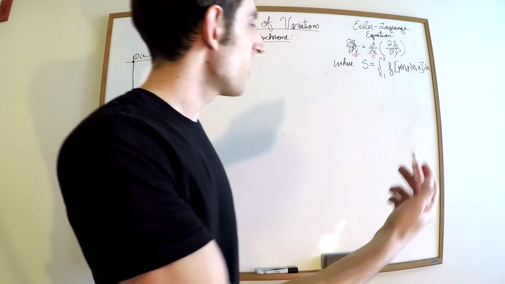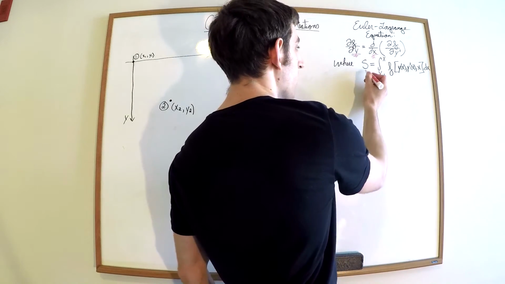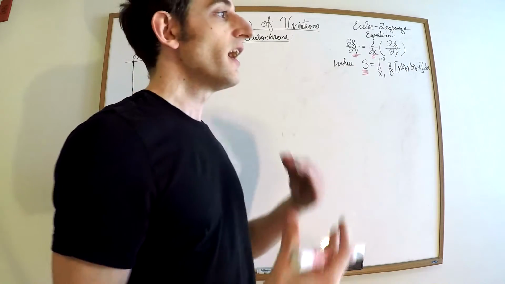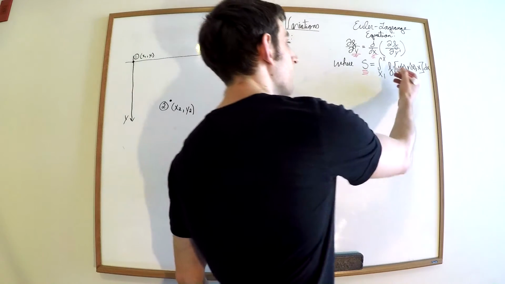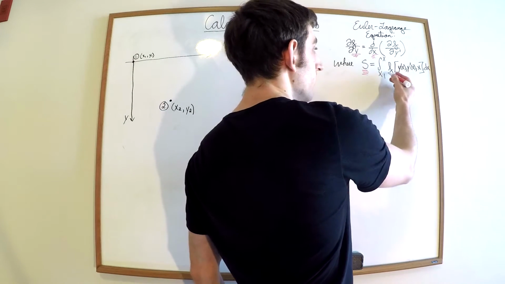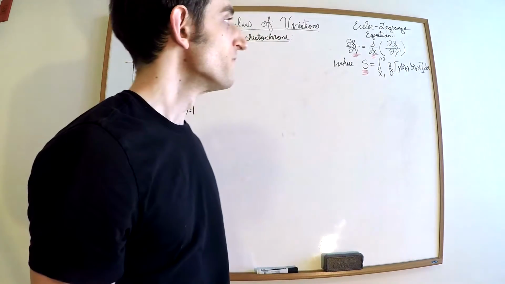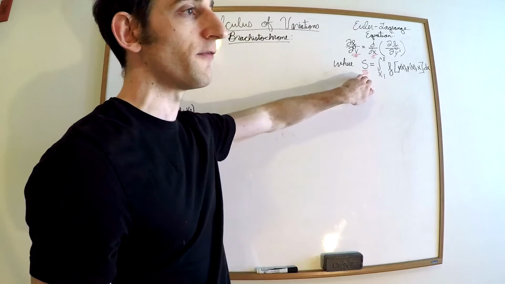So the Euler-Lagrange equation is meant to take this function here, and it's trying to minimize some kind of functional, okay? Again, a functional is a function of a function. We see that applies here because this is a function of a function, and then we have all the paths inside here. So in order to use this, we're going to try to find stationary points of a function we want to minimize.